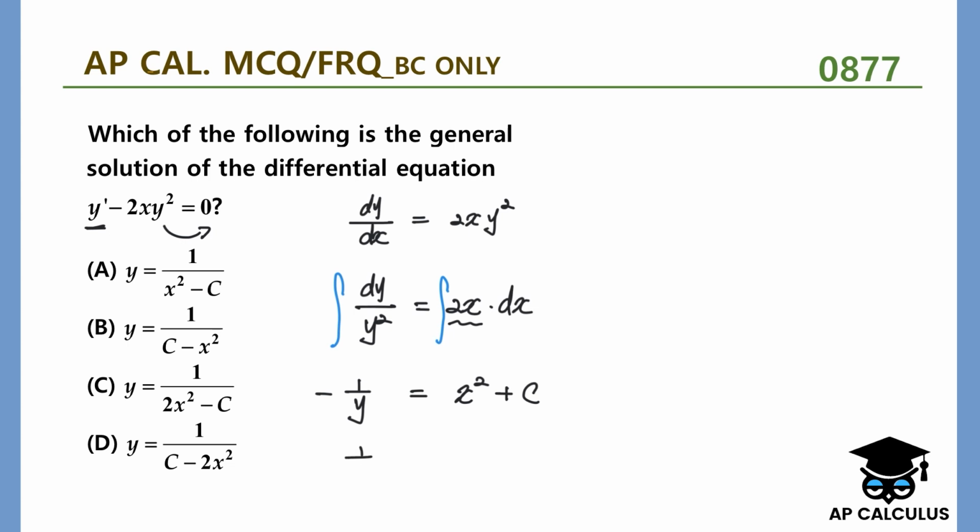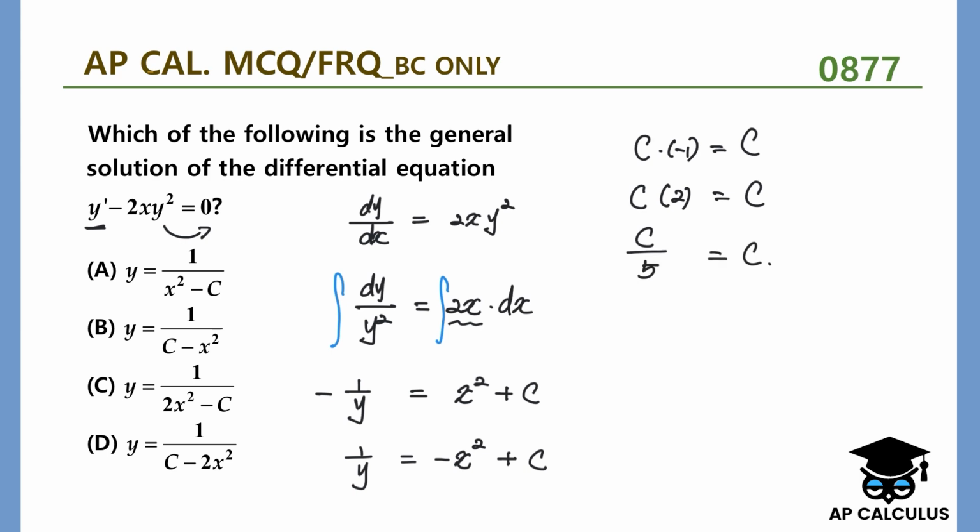So 1 over y is equal to, if we multiply each side by negative, negative x squared plus c, right? Because c times negative 1 is just another constant c, okay? Well, c times the constant 2, that's a constant c. C divided by, let's say, 5, that's another constant c, right?